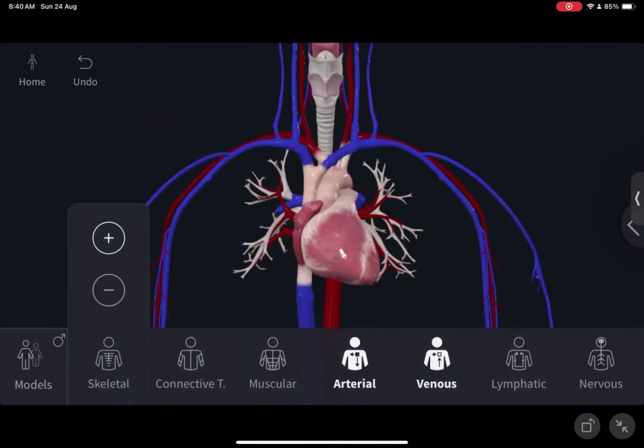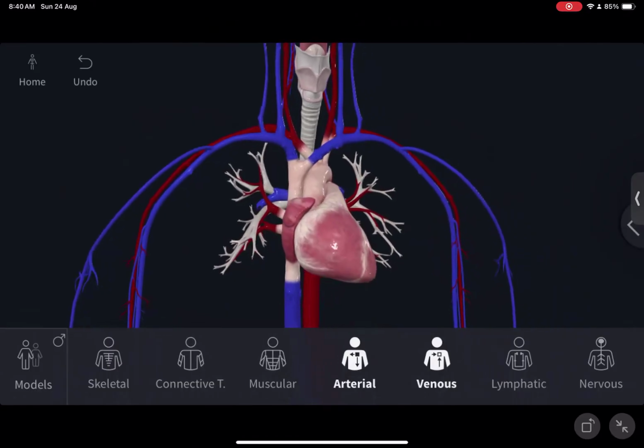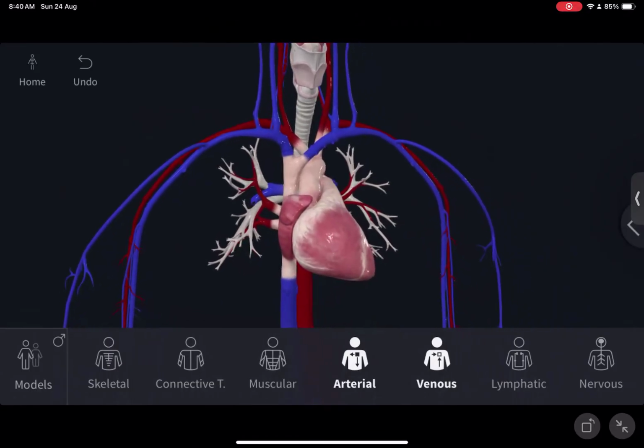I'll hide the skeletal system as well, so we can clearly see the pulmonary arteries and the veins.